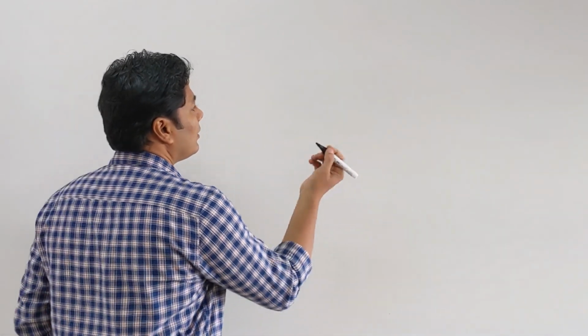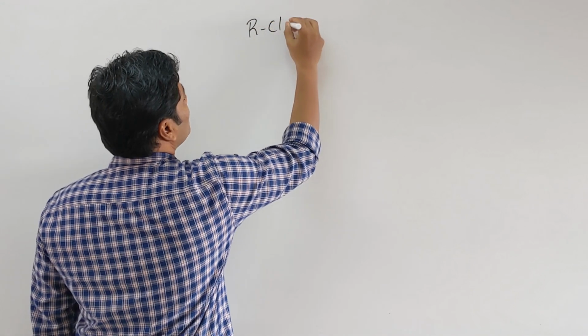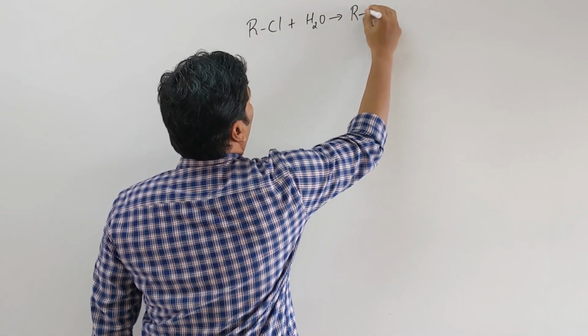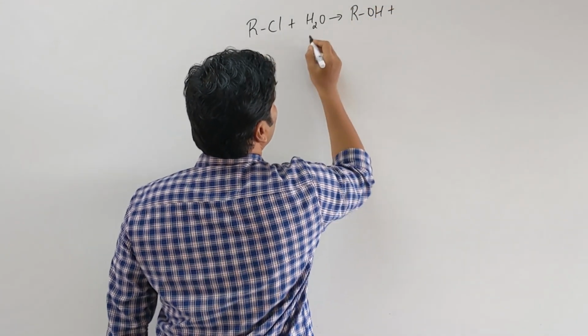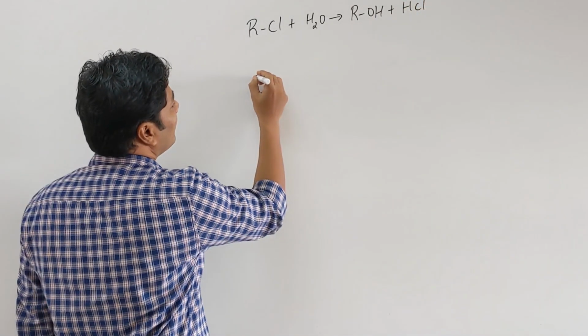For example, let's take our simple organic reaction: RCl plus H2O gives you ROH plus HCl. Alright, this is what I have.